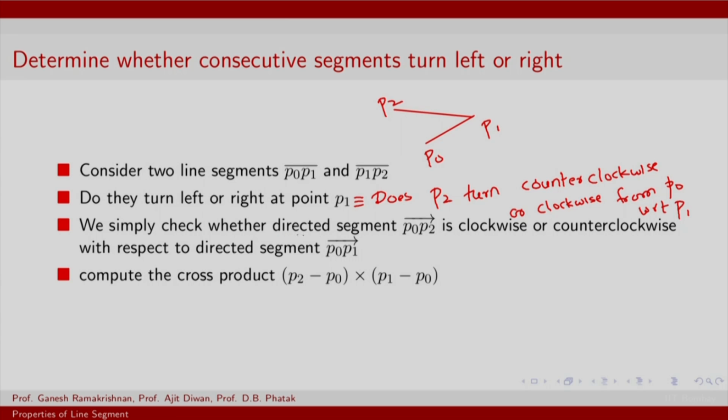The approach will be to check whether the directed segment P0 P2 is clockwise or counterclockwise with respect to the directed segment P0 P1, and that is through this cross product P2 minus P0, that is the first vector that we want, P2 minus P0, that is the vector whose orientation needs to be checked with respect to P1 minus P0.